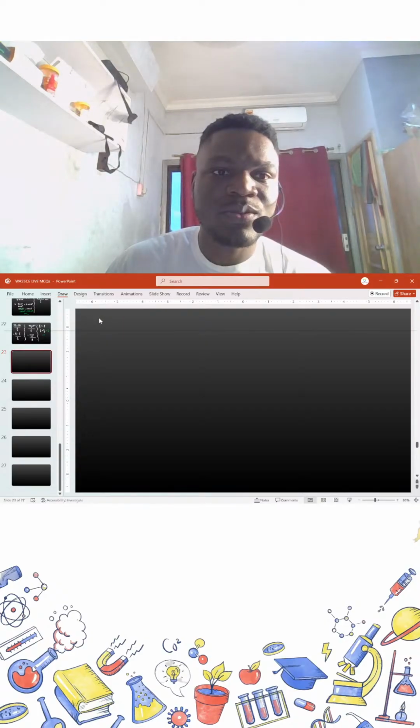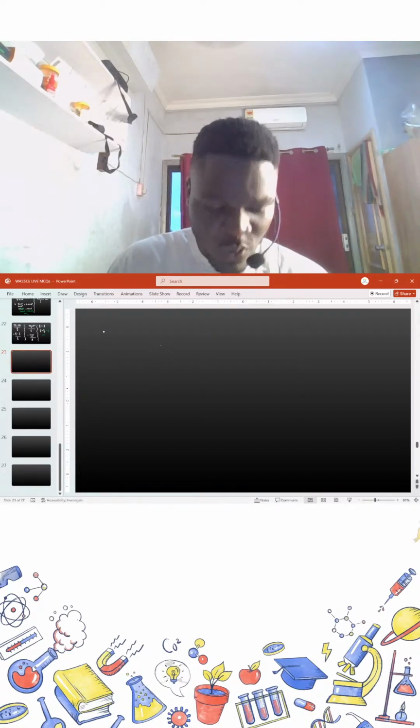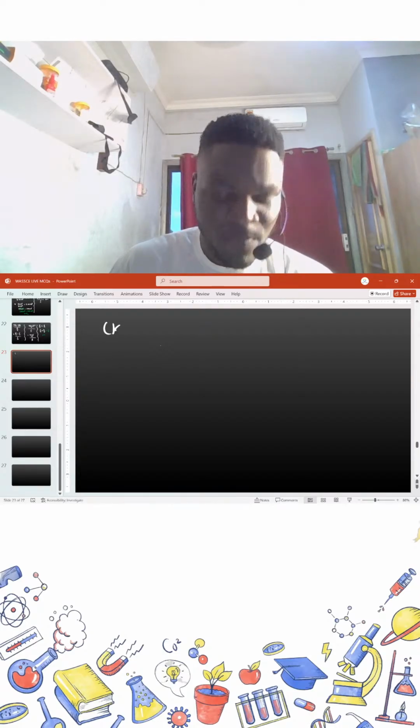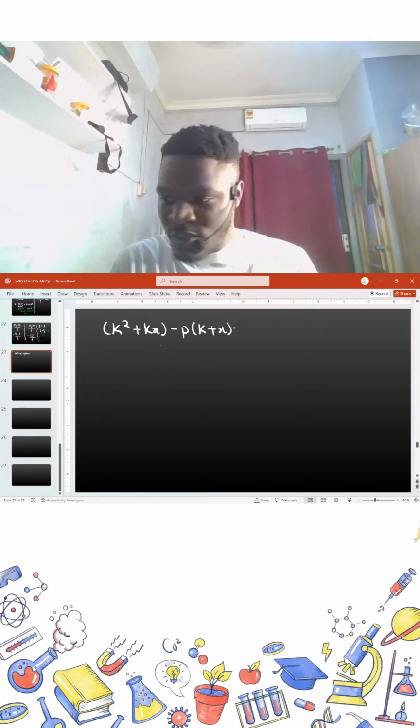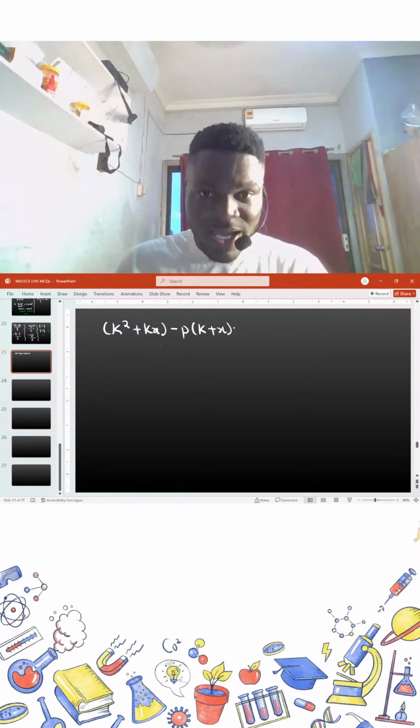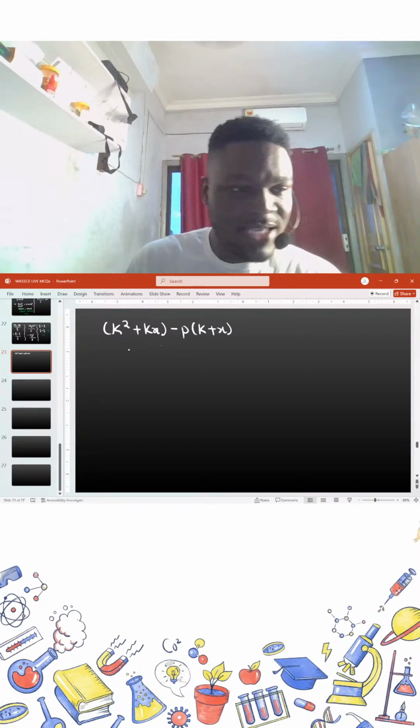Let's come to our pen, select white. We have the expression k squared plus kx minus p times (k plus x). We have to simplify this expression.